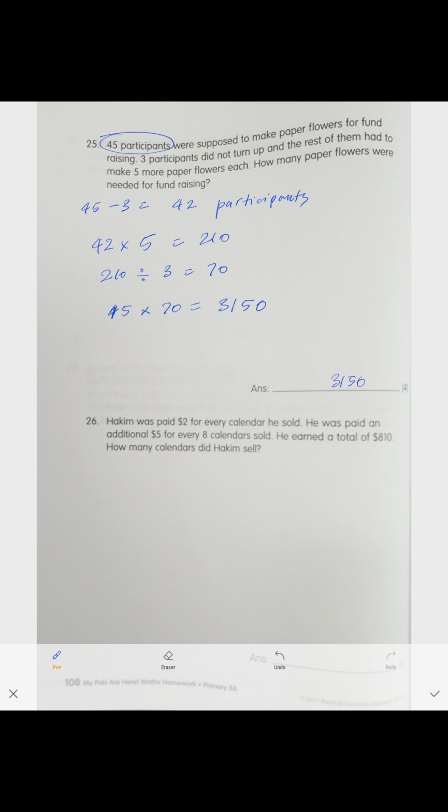And as a sentence, 3,150 paper flowers were needed for fundraising.